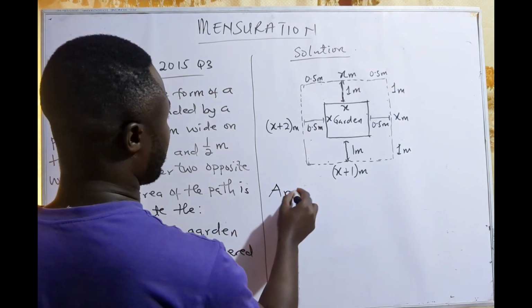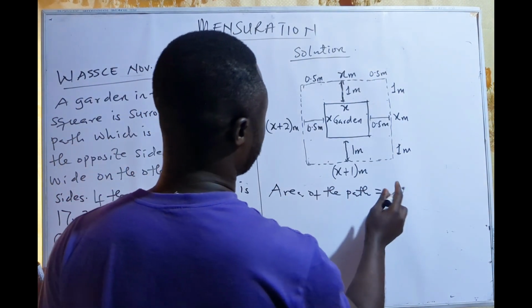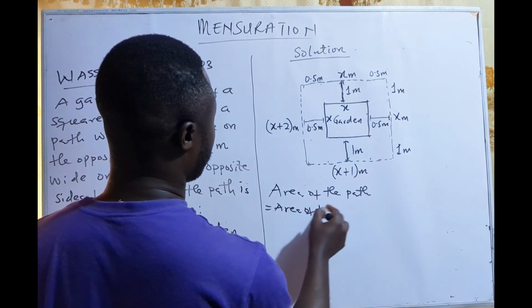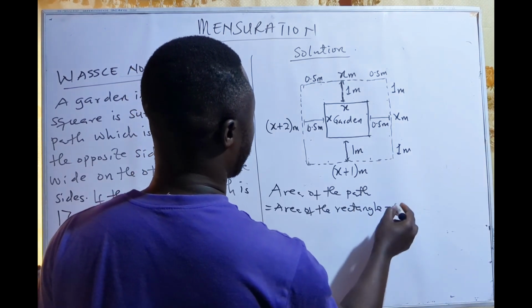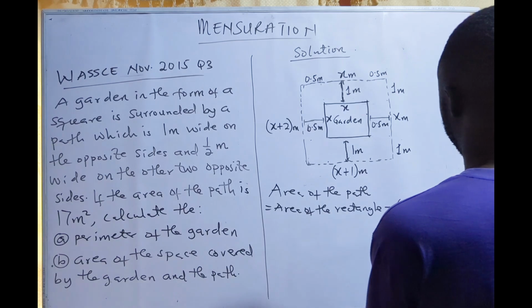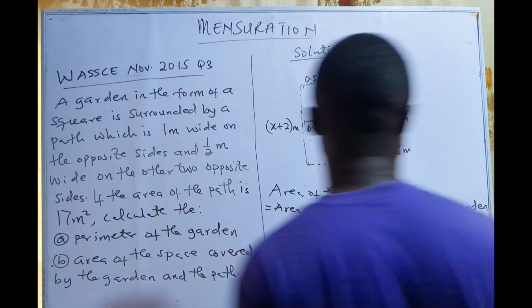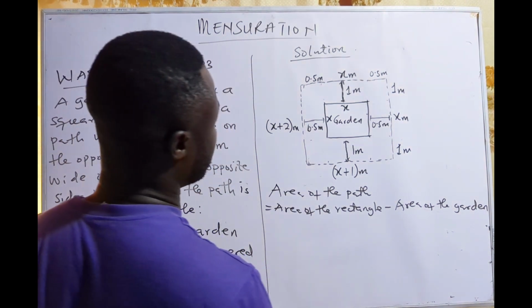So area of the path will be equal to area of the rectangle minus area of the garden. You know the garden is a square. So what will be the area of the rectangle?